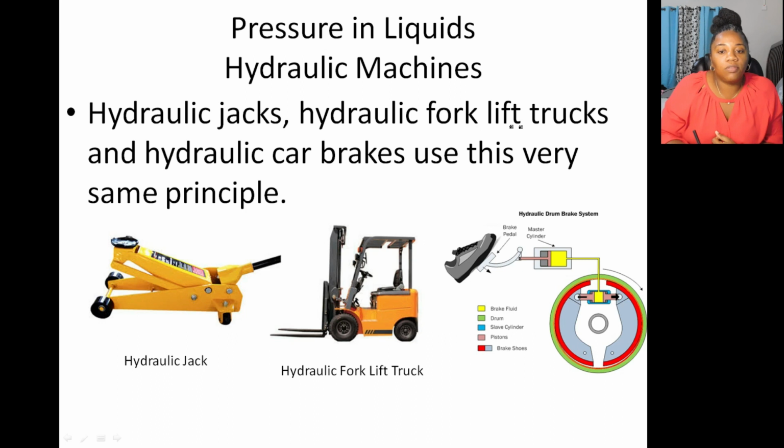Hydraulic forklift trucks and hydraulic car brakes also use this very same method. So the force you apply is so minuscule that you don't even feel it. However, it achieves something grandiose. It's not too small, but it could be easily manipulated, right?